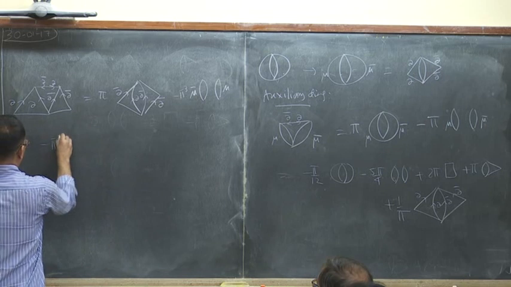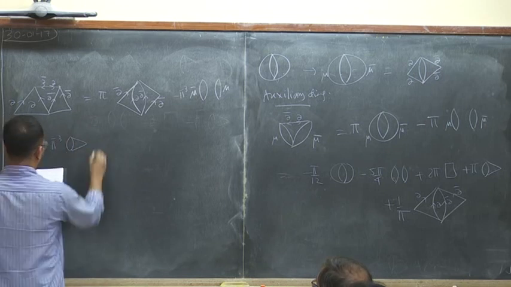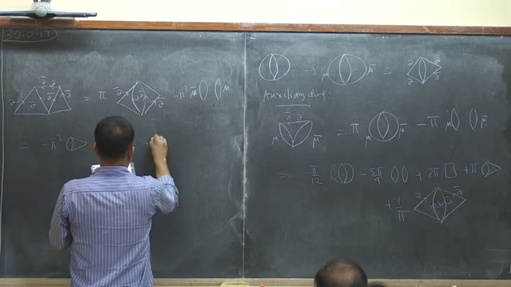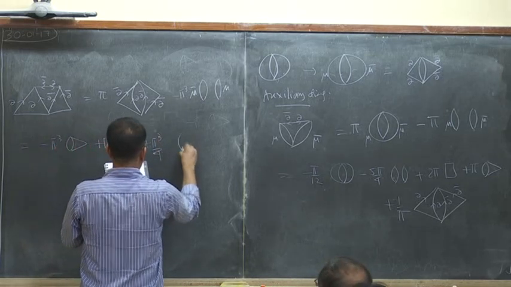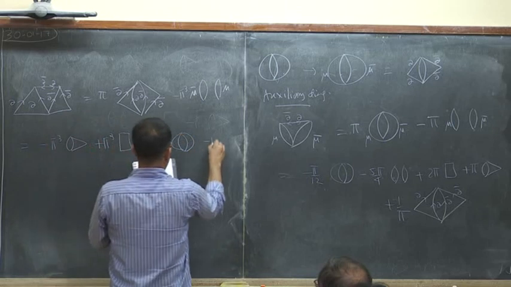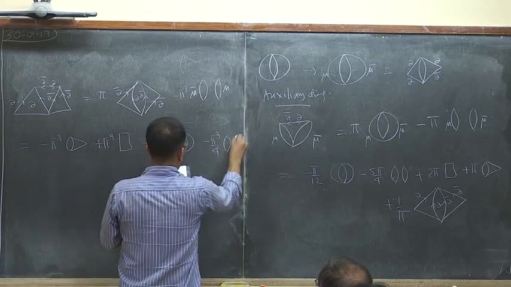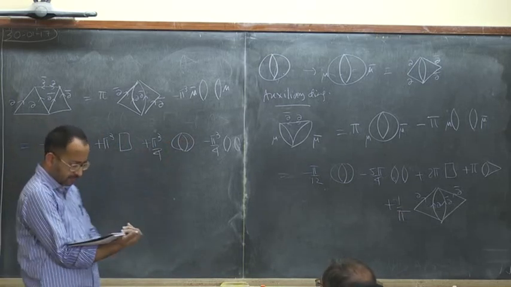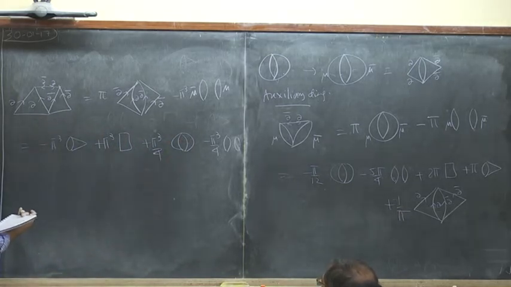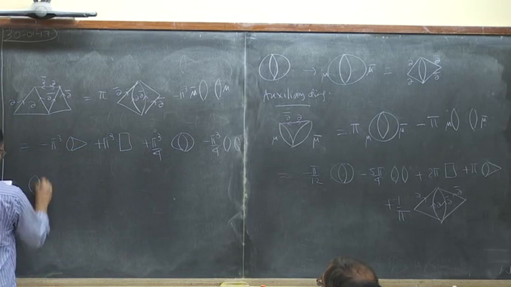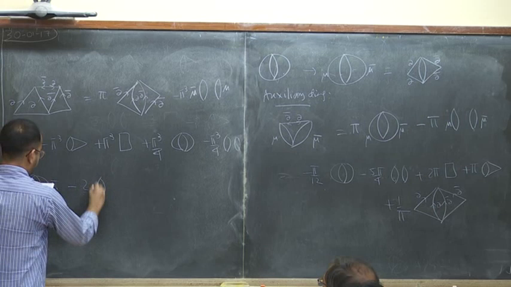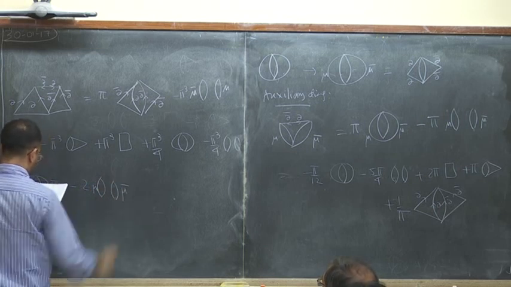This is minus pi cubed this thing plus pi cubed this thing, mu bar, minus twice mu bar.